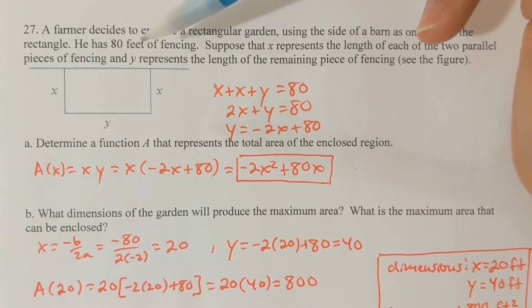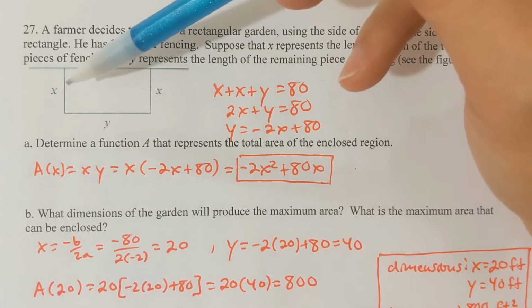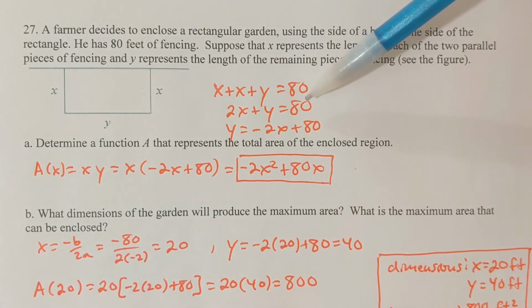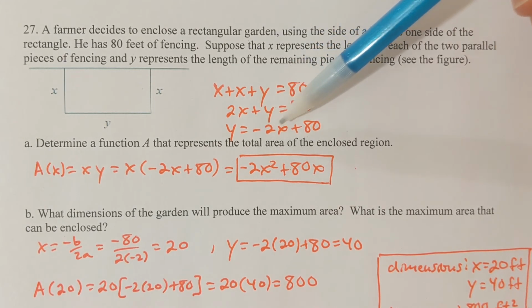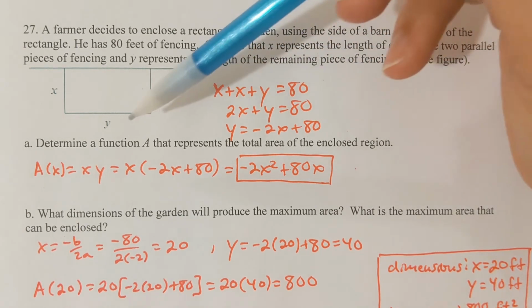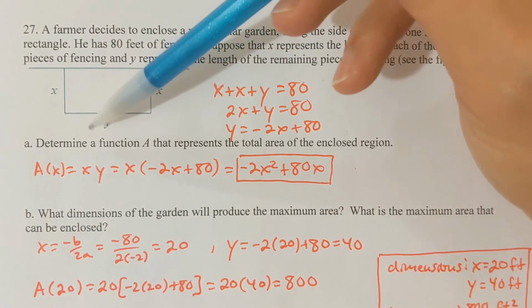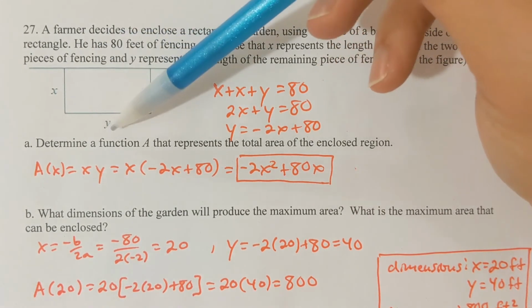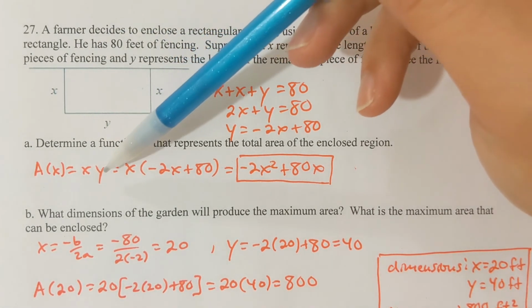We're told in the problem that he's only got 80 feet of fencing. So if you take x plus x plus y, that's 80 feet, or 2x plus y equals 80. If you subtract 2x, y would be negative 2x plus 80. So that would be the remaining side here in terms of x. Now I'm taking x times y, and I said I don't want x and y floating around.